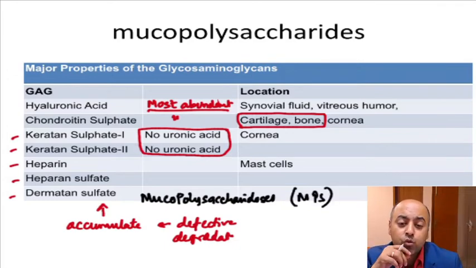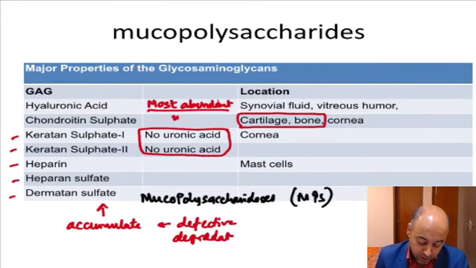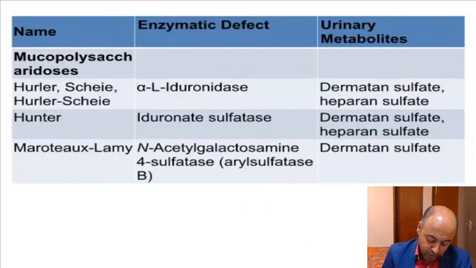When the glycosaminoglycans accumulate in the body and are not getting degraded, we get the condition called mucopolysaccharidosis. Some names of the conditions which fall under mucopolysaccharidosis, some important names: Hurler.